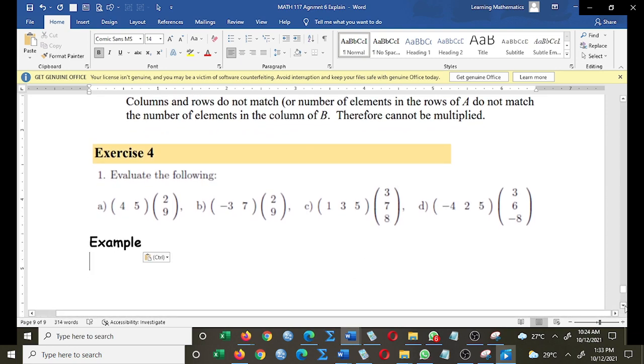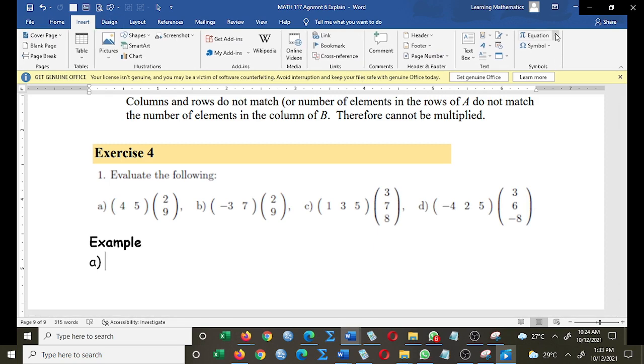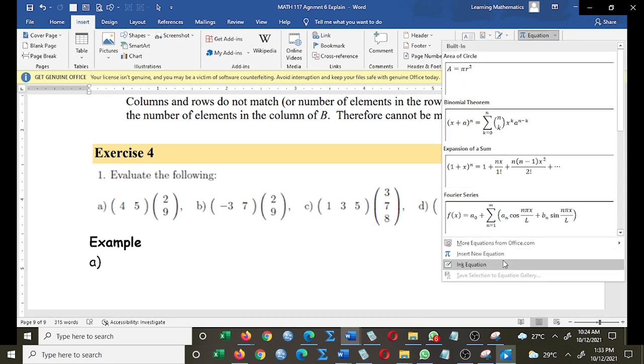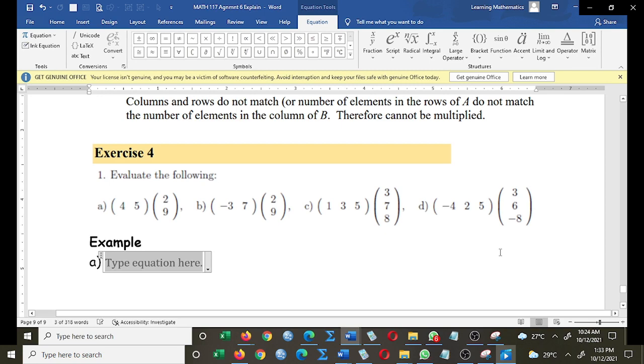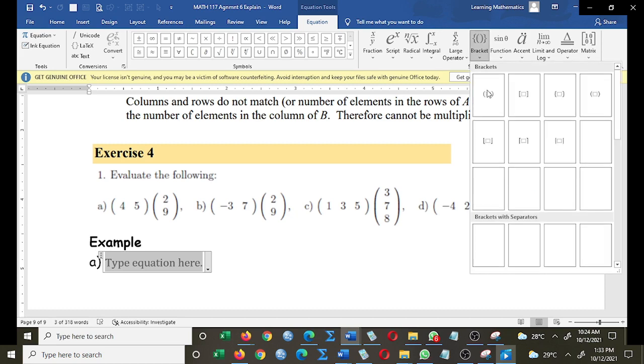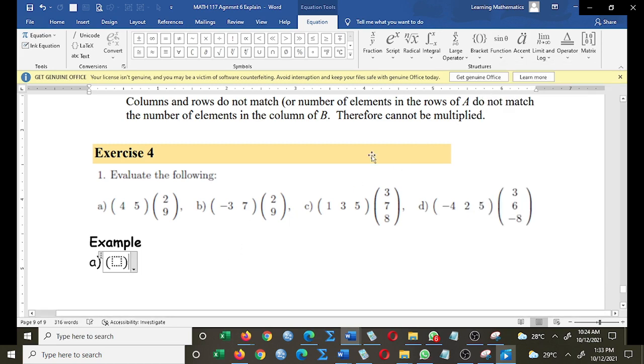I want us to formulate an example. Let's call it A. Let's go to insert equation. The notes are up there, but what I will do is discuss it now and then we can go back and review it. I want an example just like A, with different numbers.